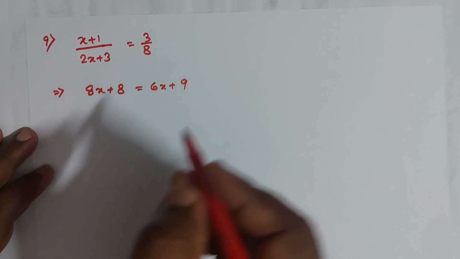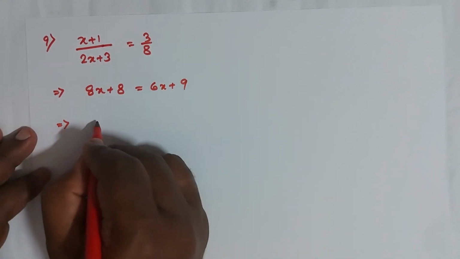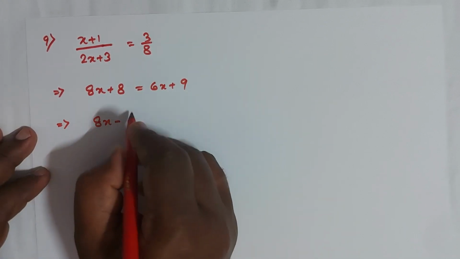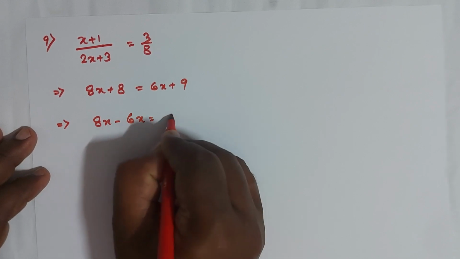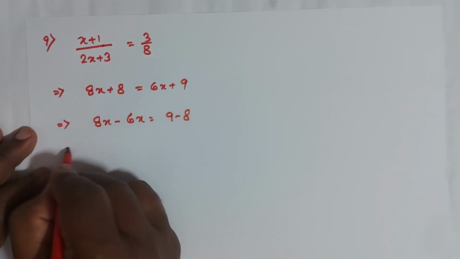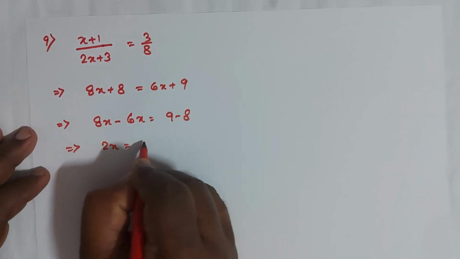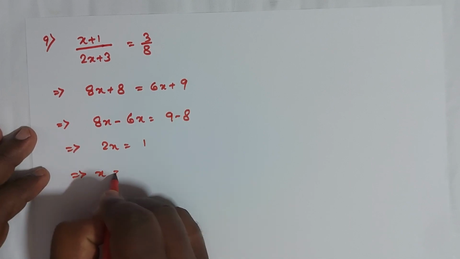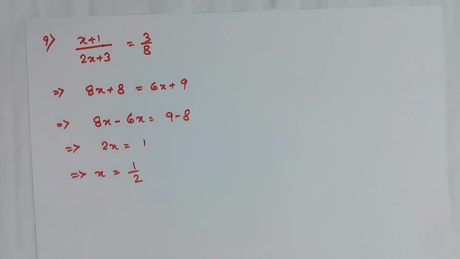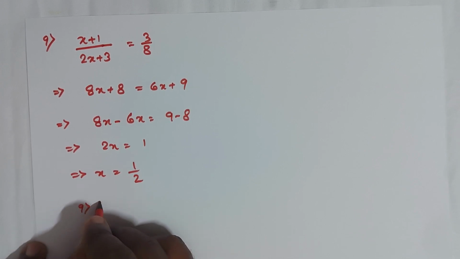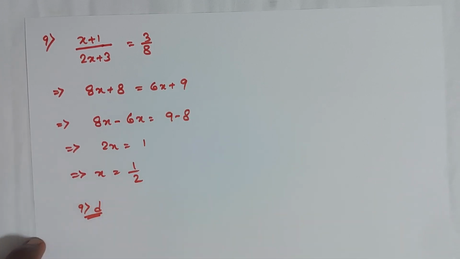We are just doing the cross multiplication here. So 8x minus 6x equals 9 minus 8, or 2x equals 1, or x equals 1 by 2. Now in question number 9, 1 by 2 is in the last option, that is D. So option D is our correct answer.